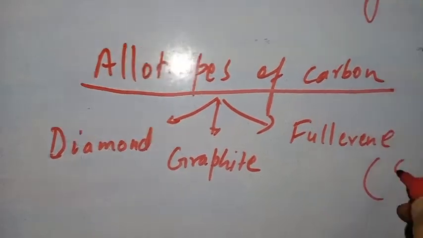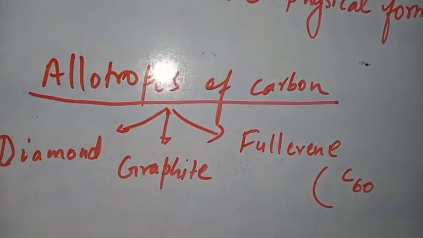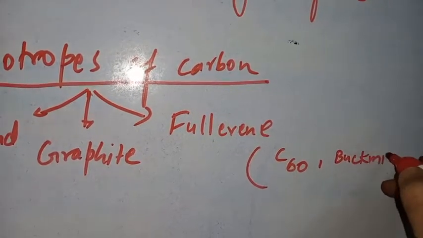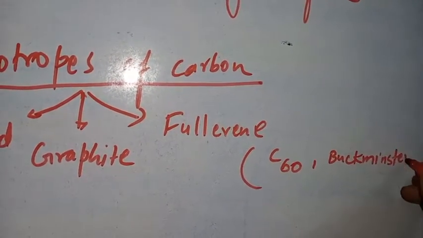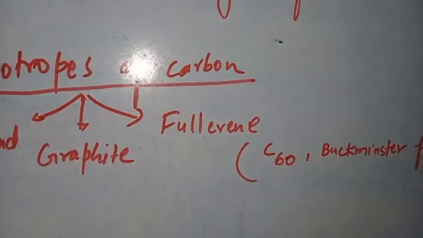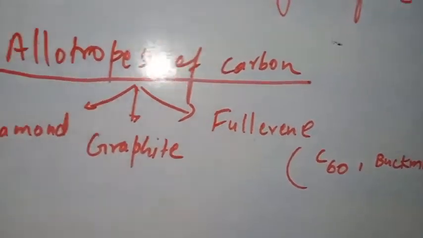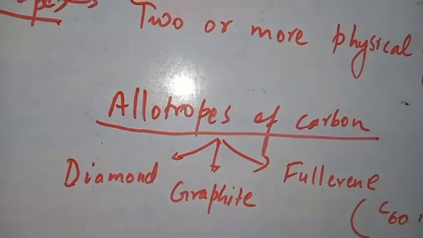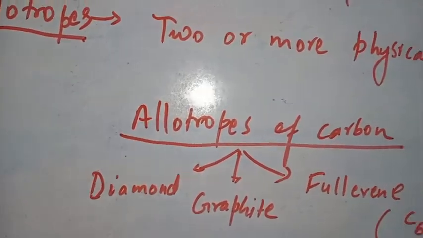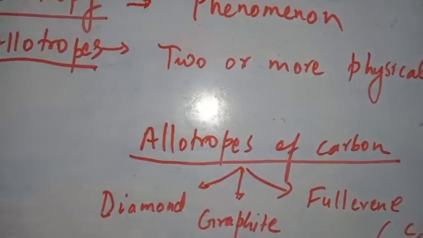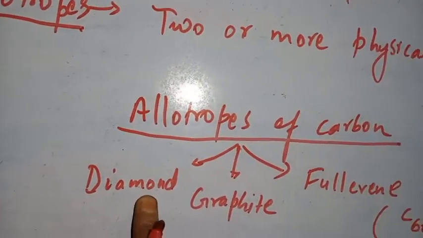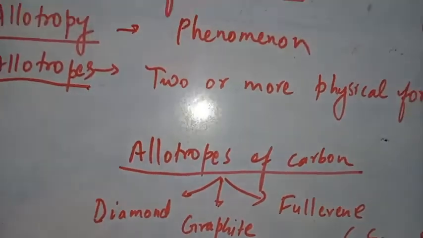Especially you have C60, which is called Buckminsterfullerene. So these three are the three different forms of carbon. Carbon exists in these three different physical forms, and these three physical forms are called allotropes. So diamond is one of the allotropes of carbon, then graphite and fullerenes.